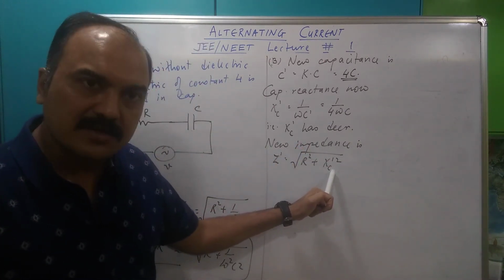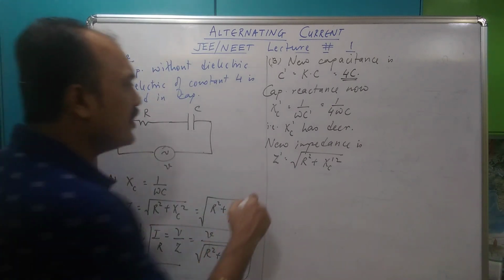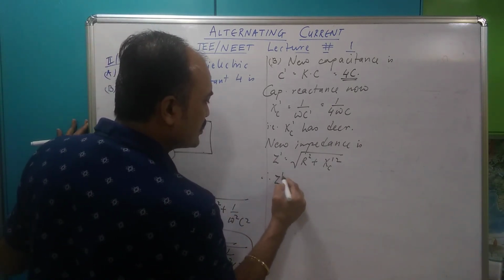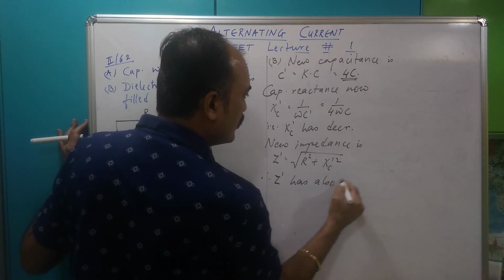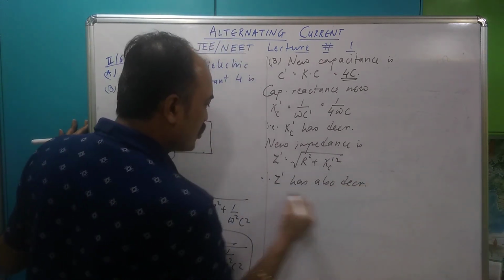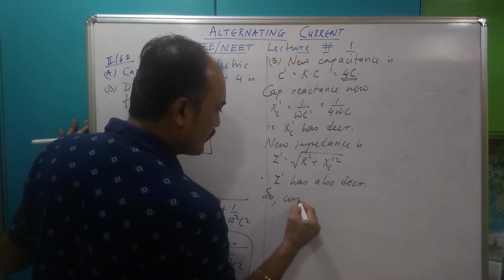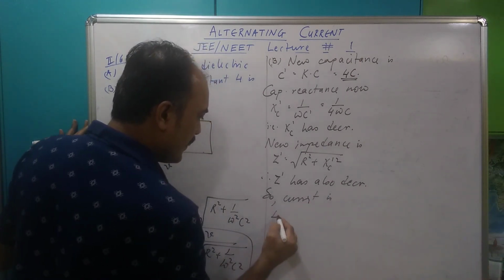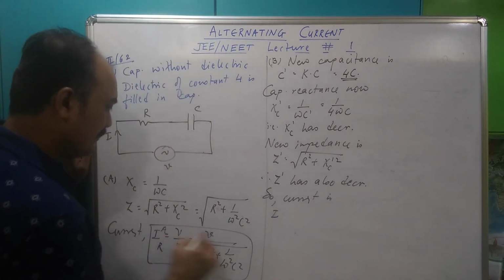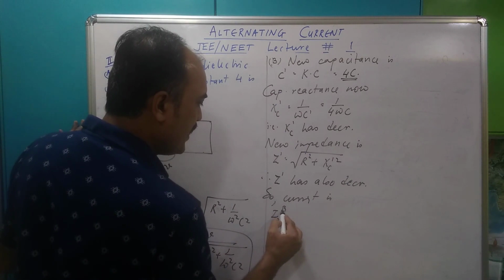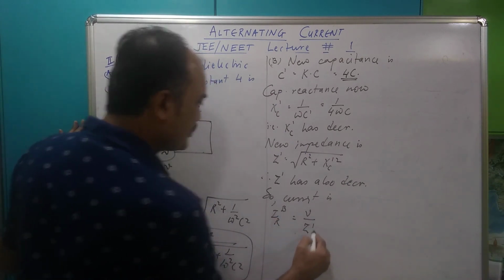This has decreased. So do you agree Z dash will also decrease? So Z dash has also decreased. So thus current, this was IRA, this is IRB, is V by Z dash.